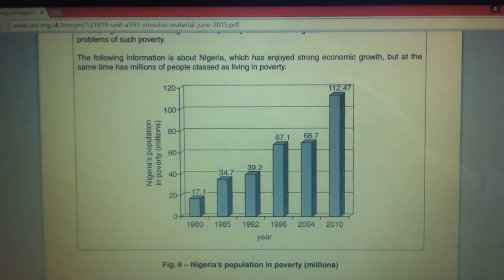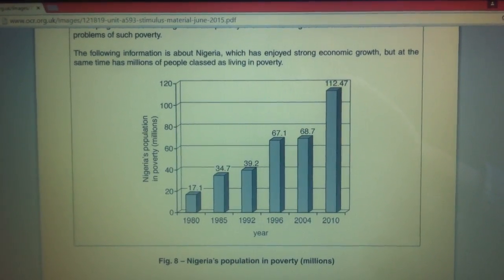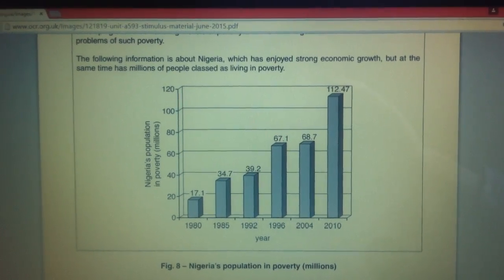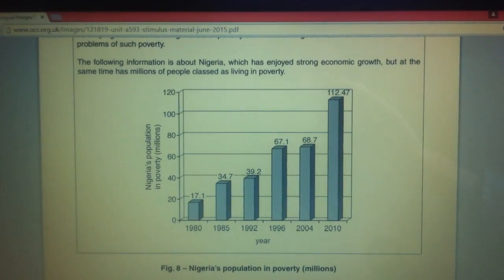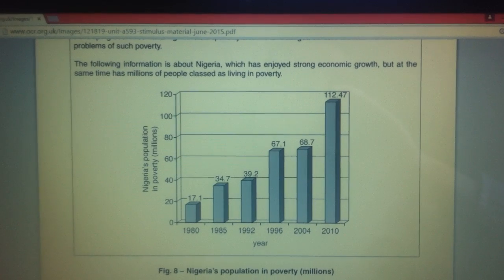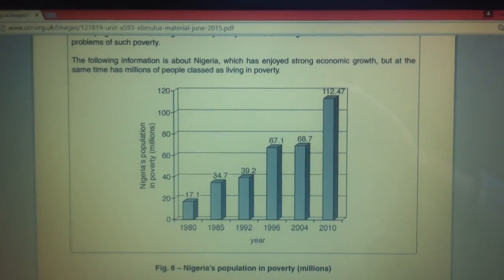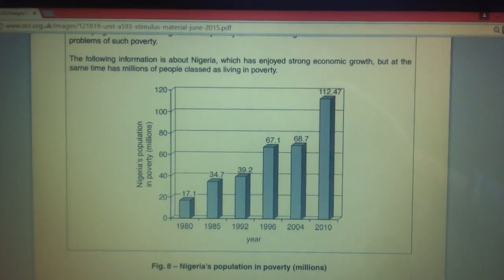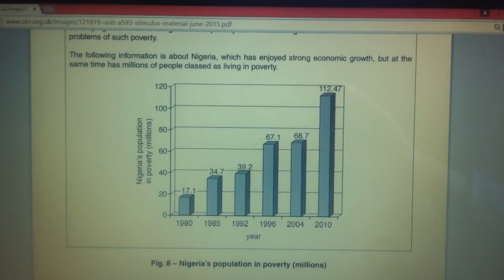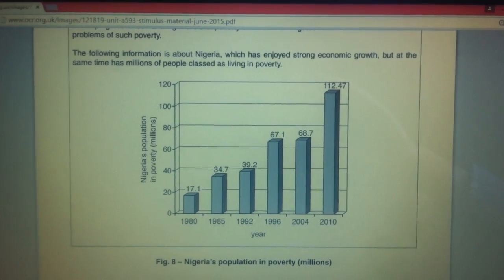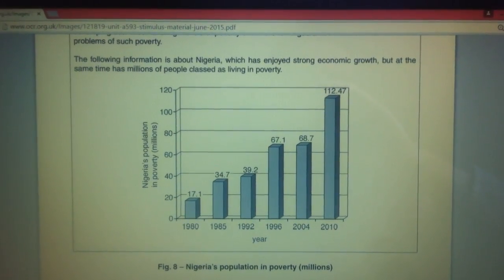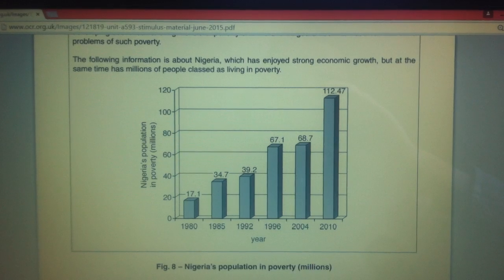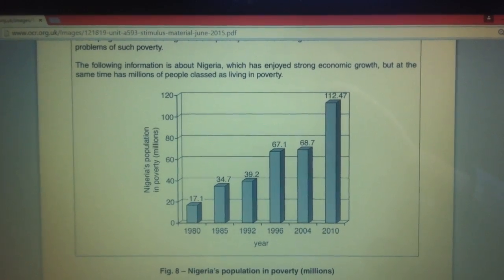So if it goes from 1980, we've got 17.1 million, then to 2010 we've got 112 million. Make sure that you are able to calculate that as a percentage change, or from 2004 to 2010, a percentage change. Whatever it may be, make sure that you're able to work out a percentage change. That's the key thing, really.